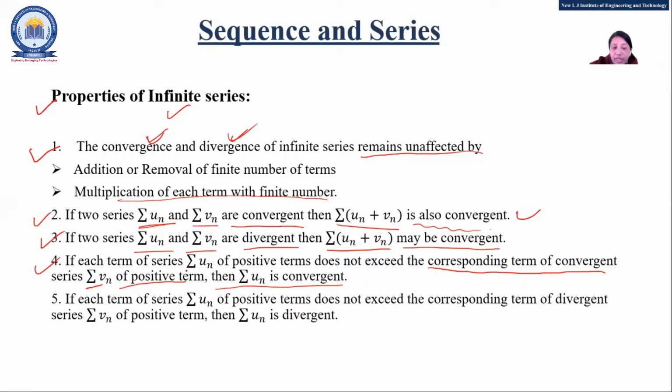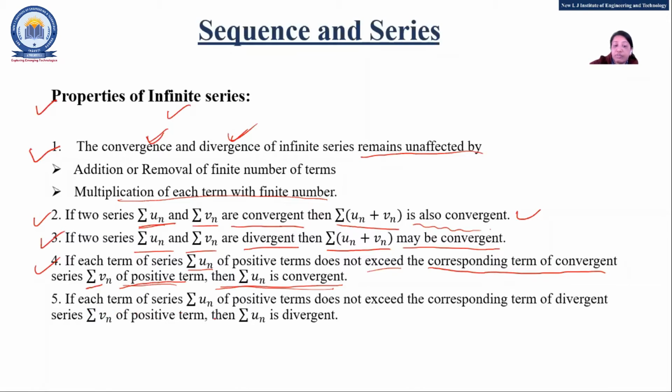That means they are talking about two series, un and vn. If each term in un of positive terms does not exceed the corresponding term of the convergent series vn, then un is convergent.